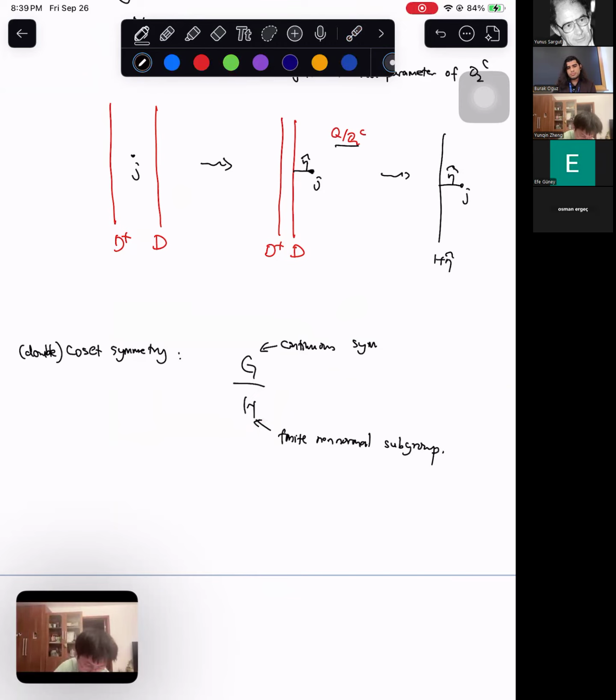So this is non-invertible. And because G is continuous, it's a non-invertible continuous symmetry.